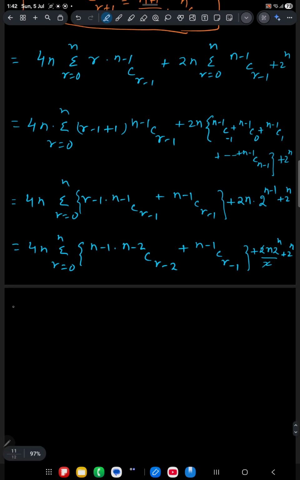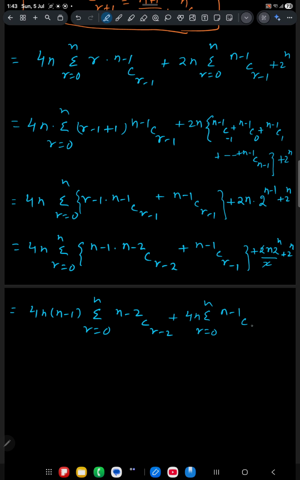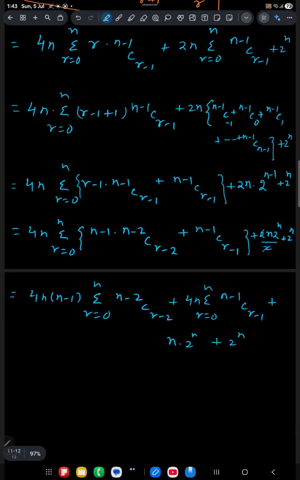So that way it is equal to 4n into (n-1) summation r equal to 0 to n-2 of (n-2)C(r-2), plus 4n summation r equal to 0 to n-1 of (n-1)C(r-1), plus n into 2 to the power n plus 2 to the power n.